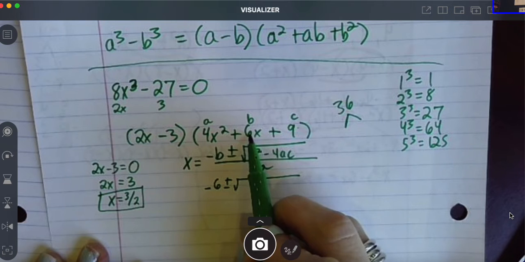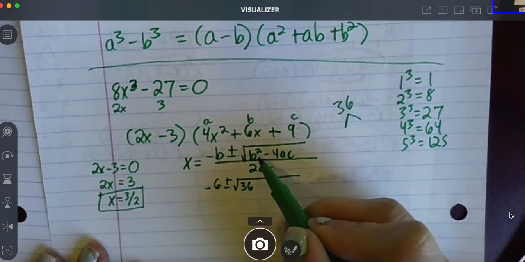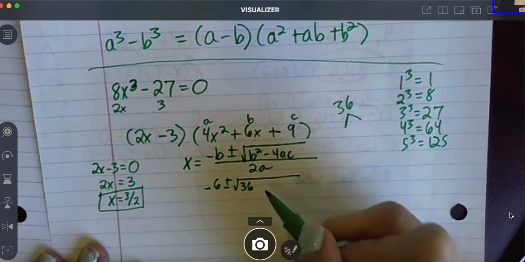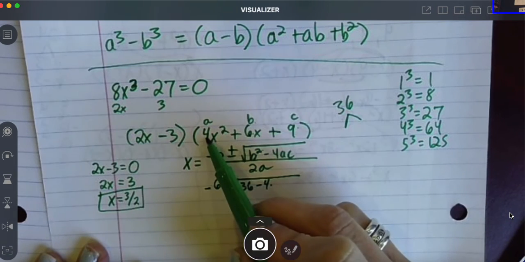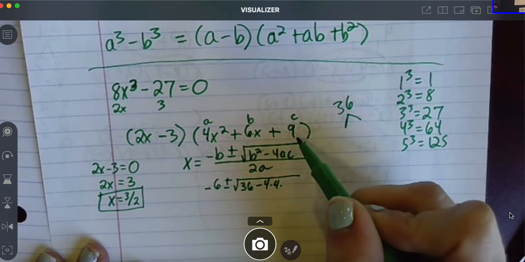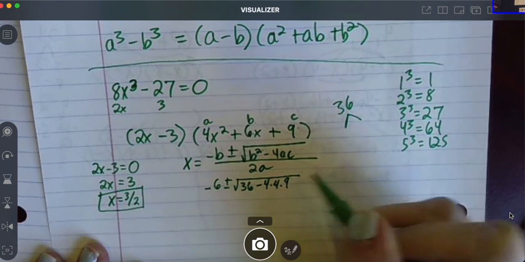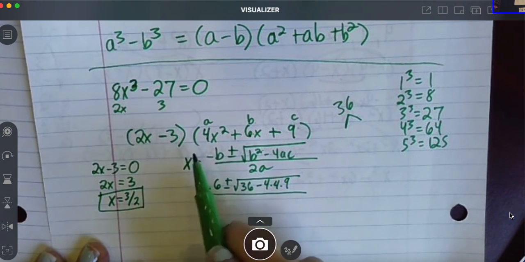So negative 6 plus or minus the square root. b squared is 6 squared, 36. Minus 4 times what's my a? 4 times what's my c? 9. So 4 times 4 times 9 is 144. And then all over 2 times a.